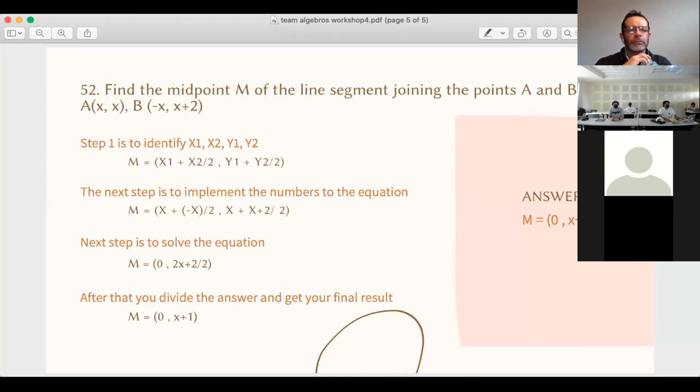Once you identify each one, you implement it into the equation, which is X plus negative X divided by 2, and then X plus 2 divided by 2. Next step is to solve the equation, which equals 0, and then 2x plus 2 divided by 2. After you divide, you get your final result, which is M equals 0, X plus 1.